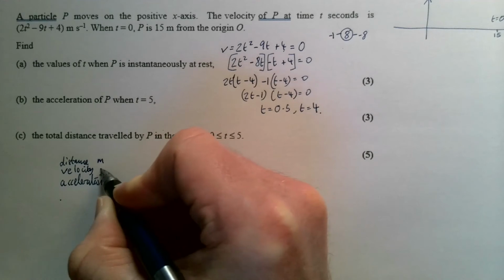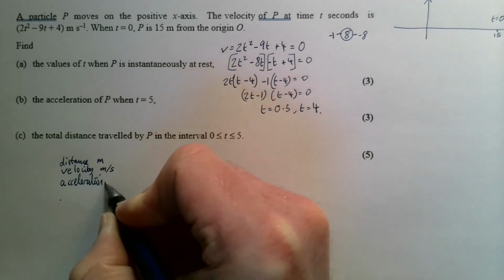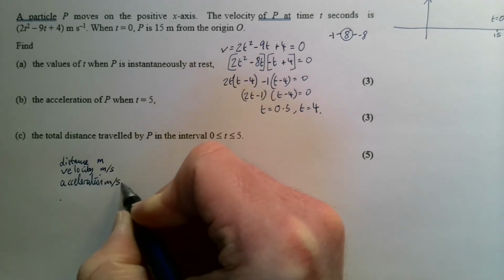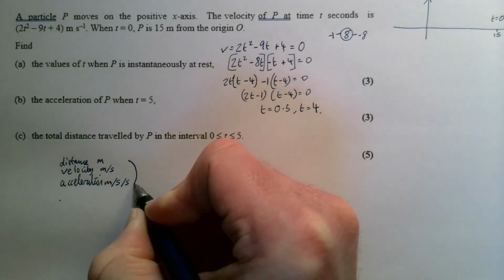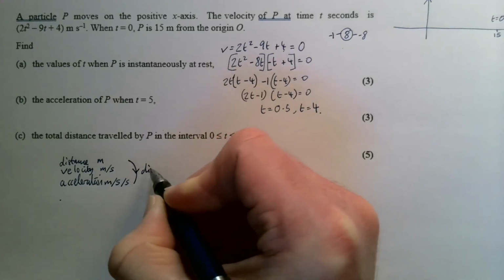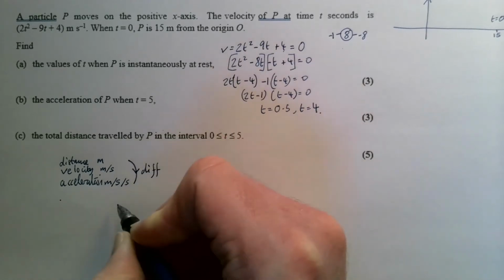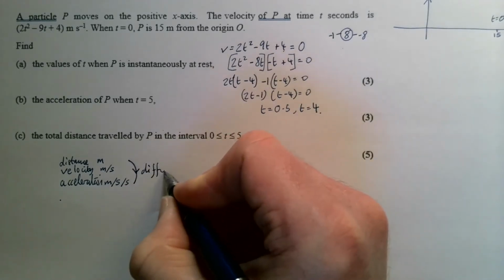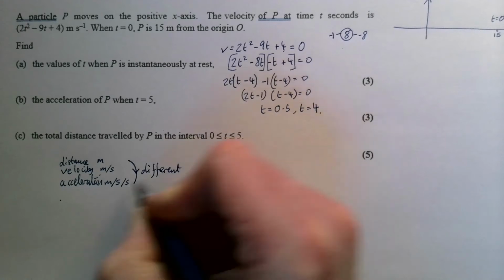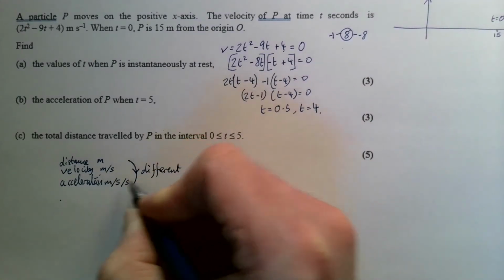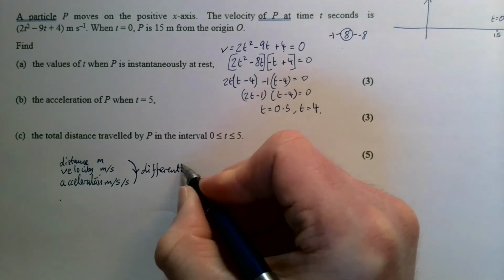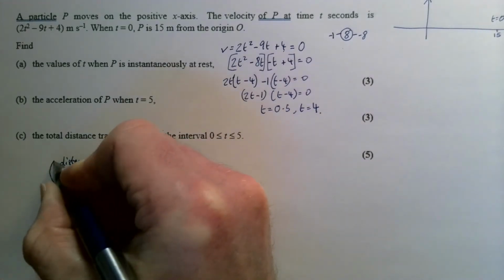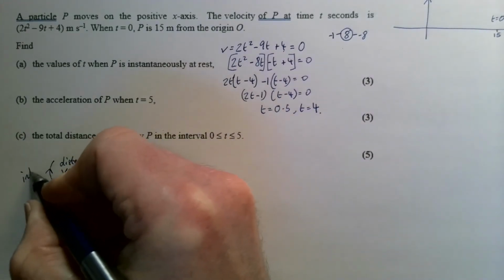You've got meters divided by seconds, you've got meters divided by seconds divided by seconds. So what that means is you need to differentiate, because we do that by dividing by time in this case, which is what you've got on the bottom here, isn't it? Differentiate, and then going the other way we need to integrate.